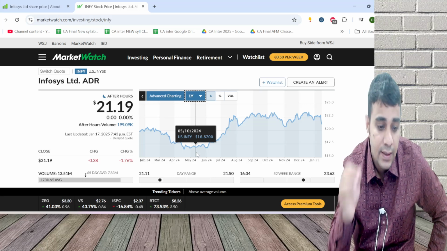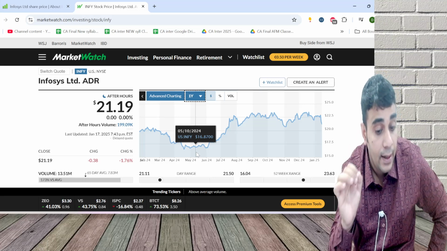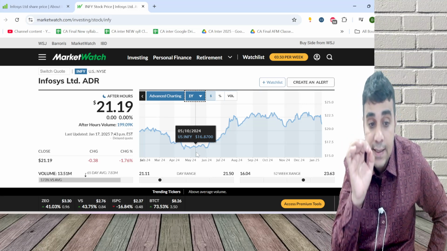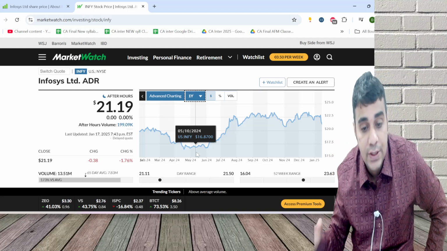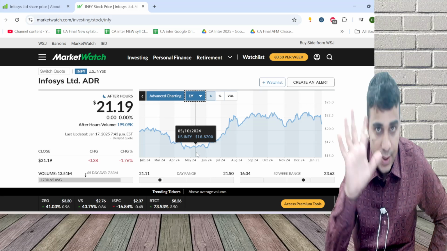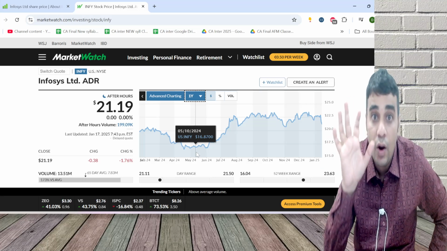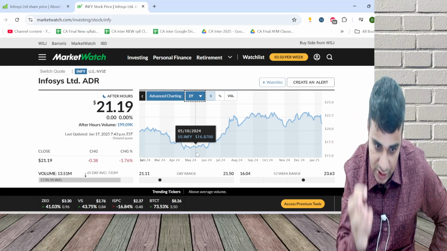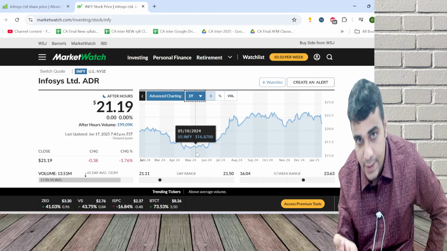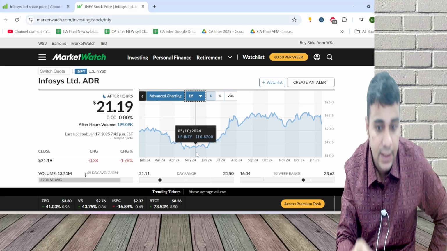So here the ADR product is exactly the same as an equity share. Only thing is ADR or GDR is not in INR. It can be in GBP, USD, Japanese yen, or any currency.